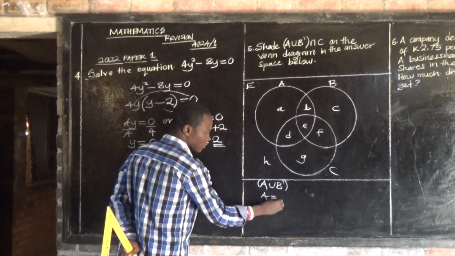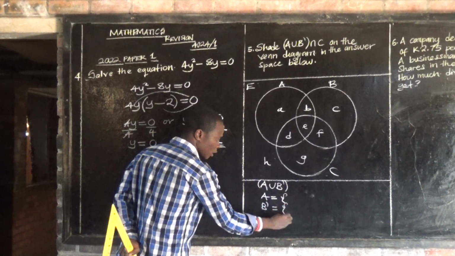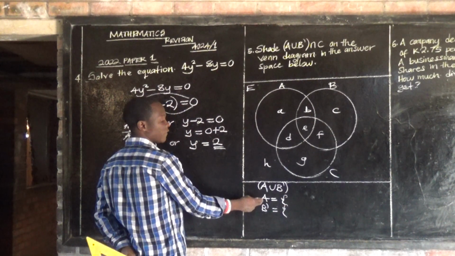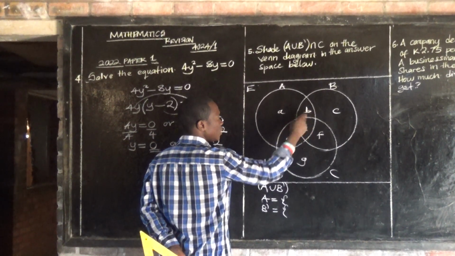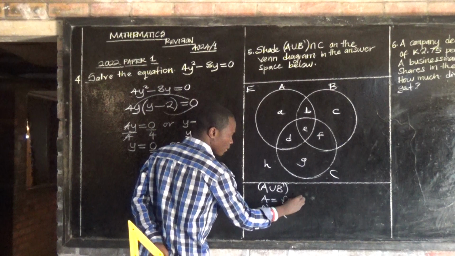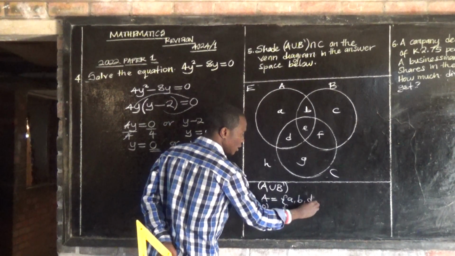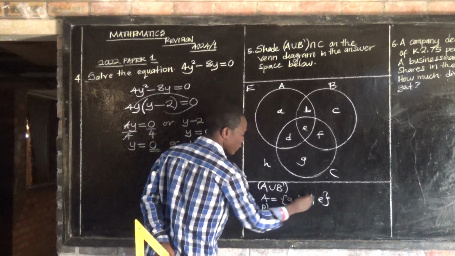So let's do this. Okay. So set A means the elements which are found in A. So it's A, B, D, E. These are elements which are found in A.